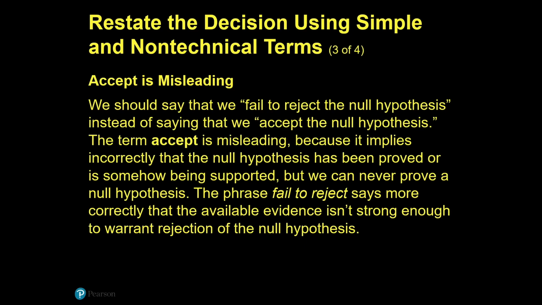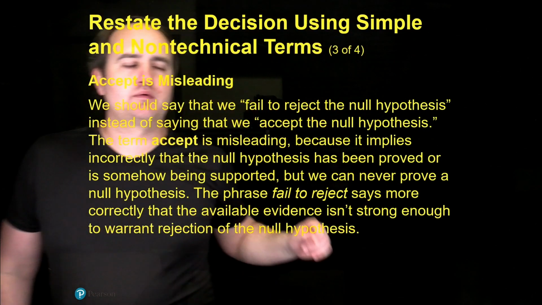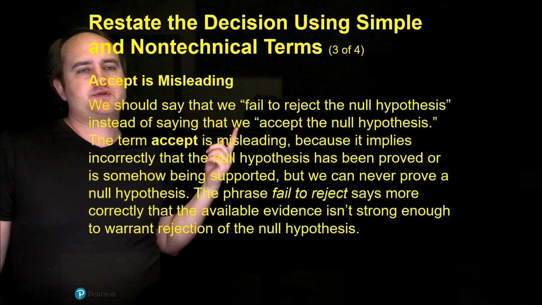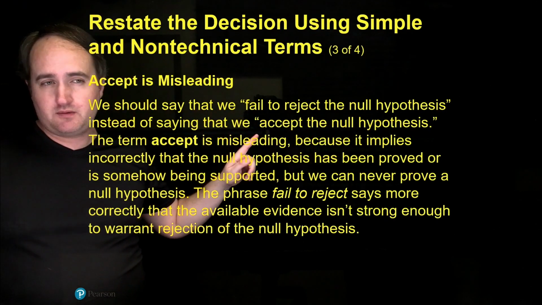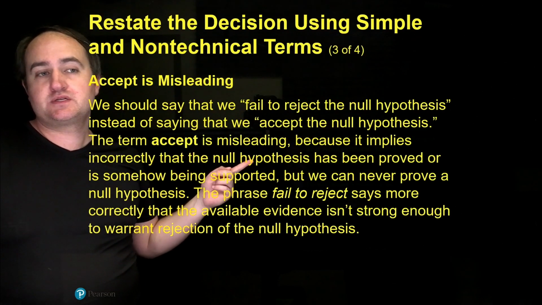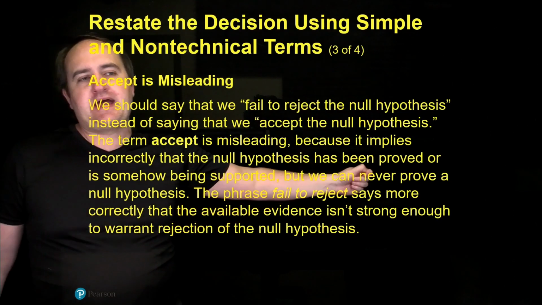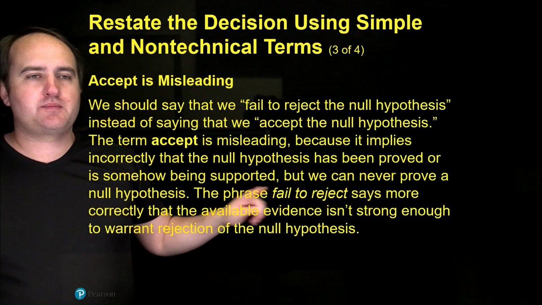Just in the interest of science, that's why we have to keep it deliberately vague by saying fail to reject. We fail to reject the null hypothesis instead of saying we accept the null hypothesis, because the term accept is misleading. It implies incorrectly that the null hypothesis has been proved or is somehow being supported.